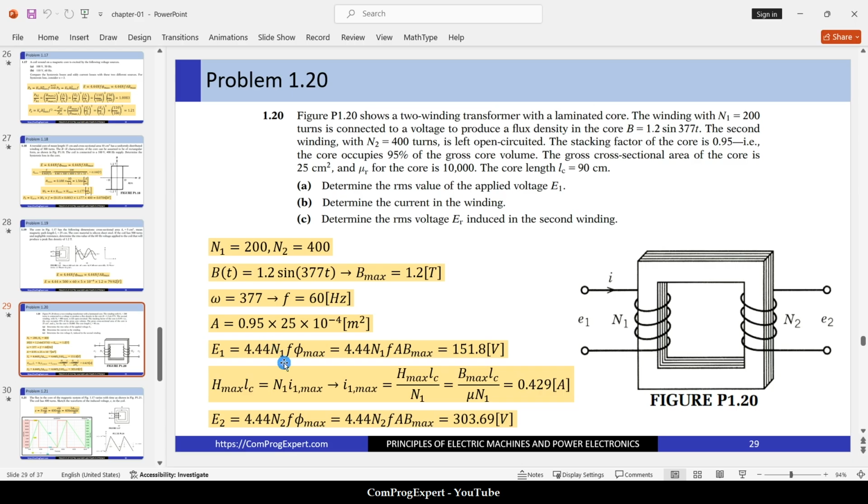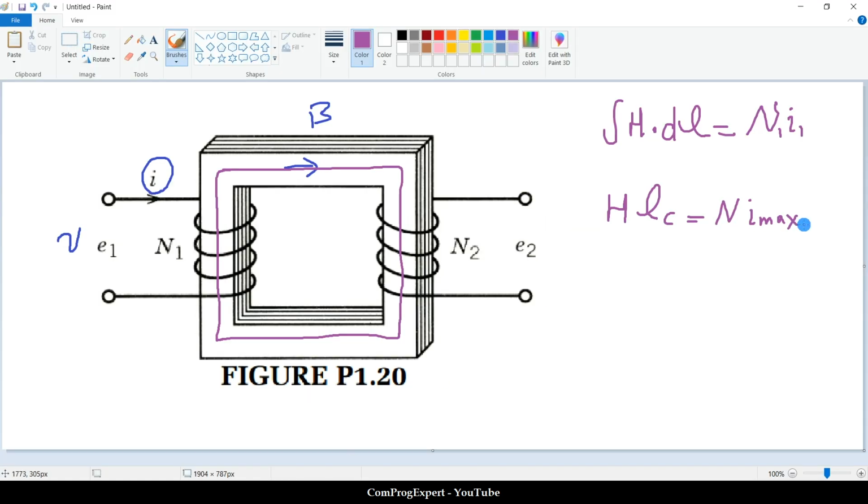Consequently, we have a sinusoidal current. And how much is the maximum value of the current? We should consider H max. So, how much is the value of the H max? B is equal to mu H, and the value of the H max is equal to B max divided by permeability.